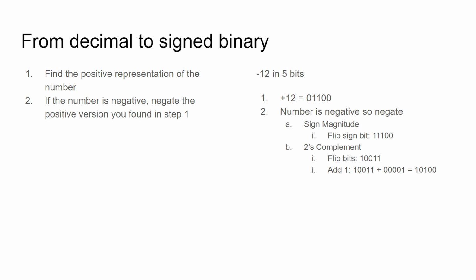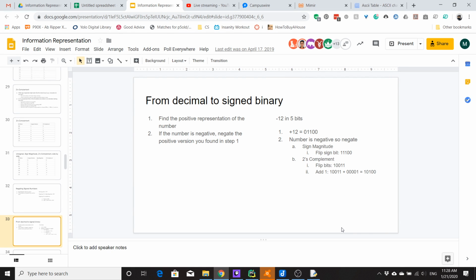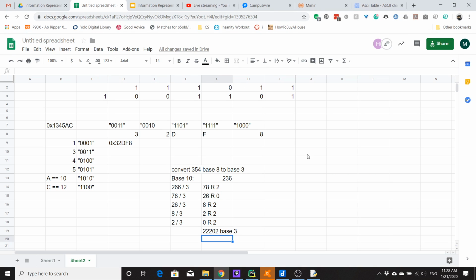Any questions here? Okay. Find negative 23 in 7 bits.